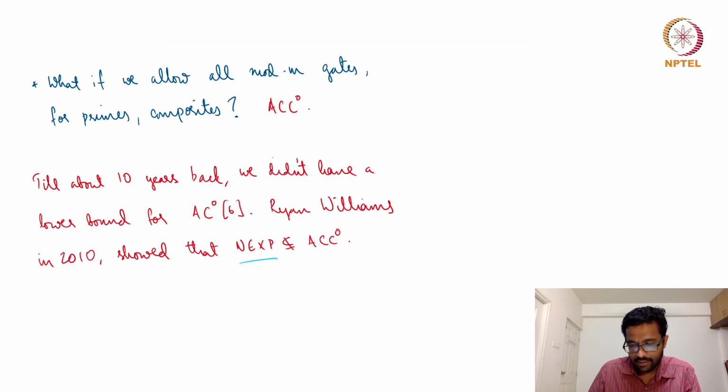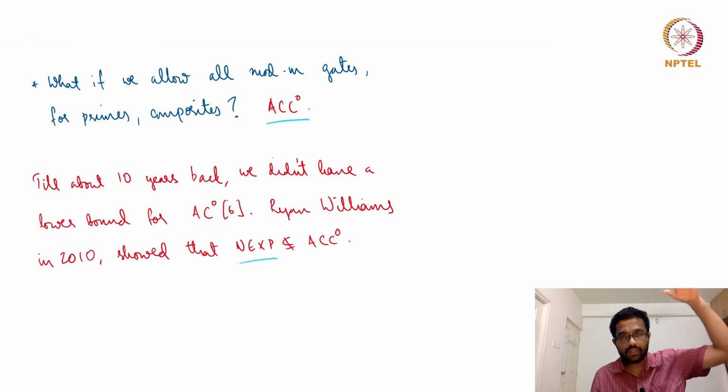In fact, he proved a slightly stronger statement. He said that there are languages in NEXP that are not in ACC0. So what is ACC0? It is like AC0, polynomial size, constant depth, but we allow all mod m gates, not only primes, composites, everything, right? So that is ACC0. So till about 10 years back we didn't have any such thing, but now at least we have this.